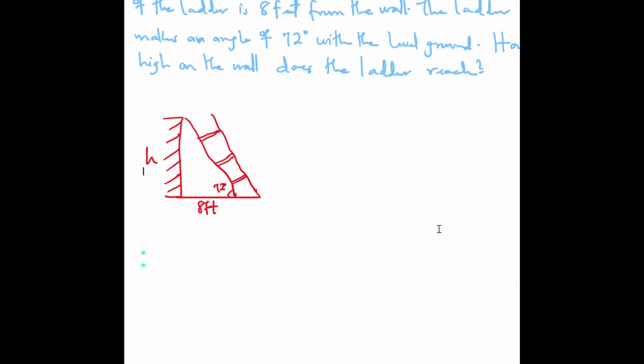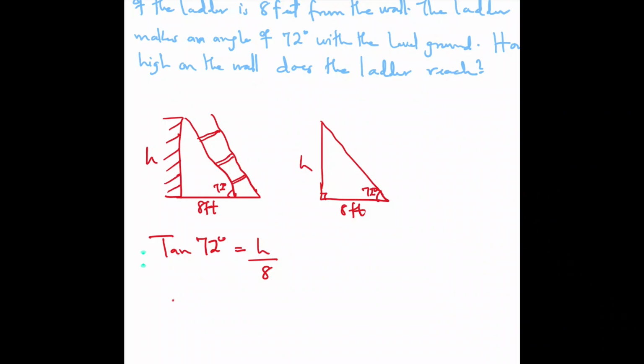Now we can draw it this way, as a right angle triangle. This is 72 degrees, this is the hypotenuse, this is h, and this is 8 feet. So tan 72 degrees is equal to the opposite, which is h, the height on the wall we're looking for, over 8 feet.